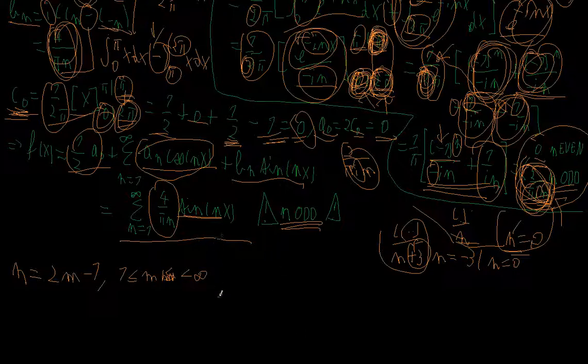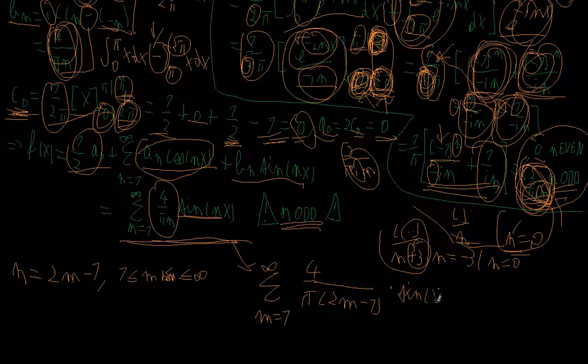Anyway, so you could rewrite this result here as the sum from m equals 1 to infinity of 4 over pi times (2m minus 1) times sine of x times (2m minus 1). Okay, so those are parentheses, and this two here also, of course. So you just replace every n with this 2m minus 1, because I said n is odd, okay?